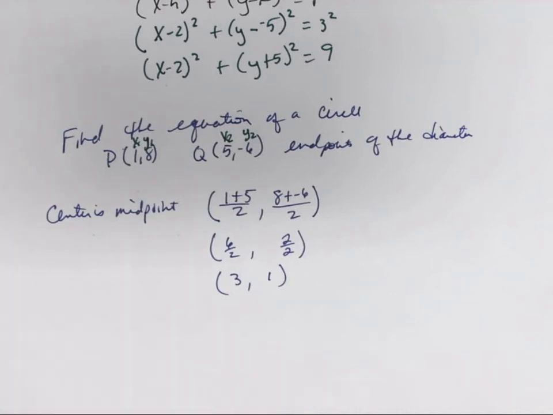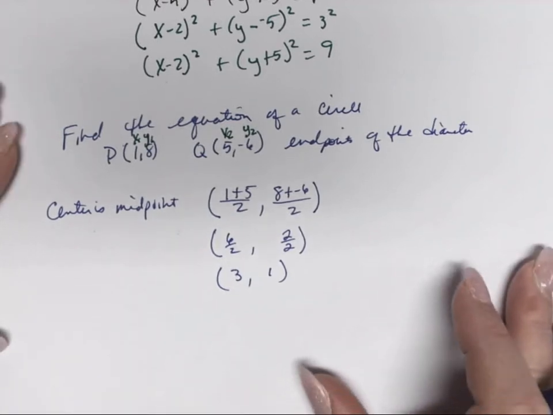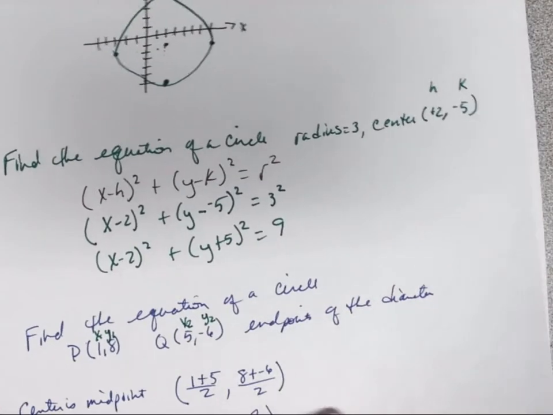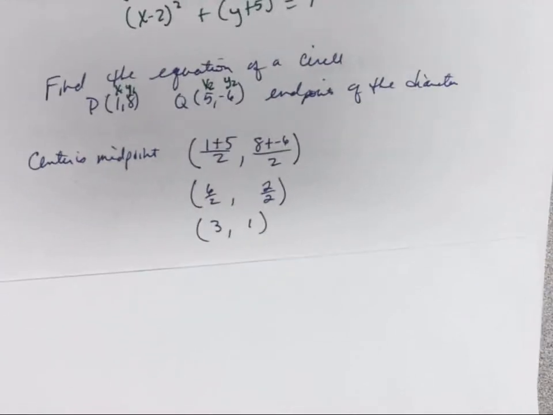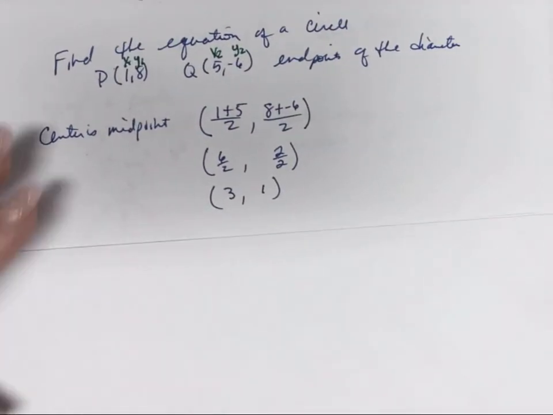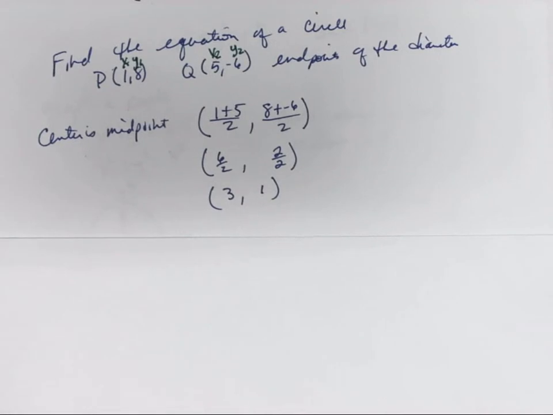Now we need to find our r squared. So we found the midpoint, which is our center, but we've got to find the radius. So to find the radius, we're going to do the distance.